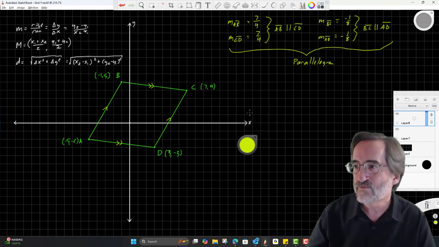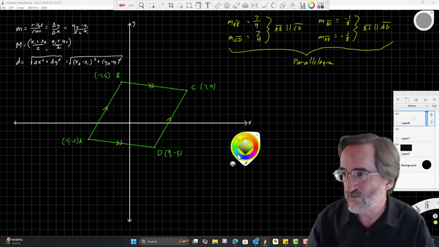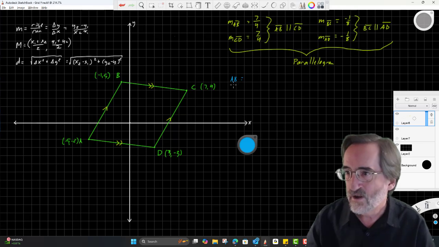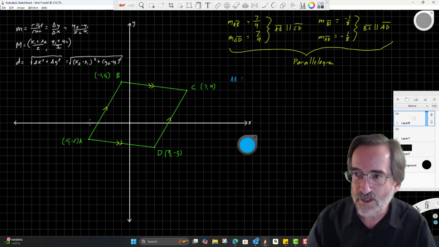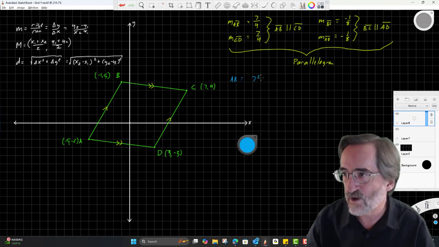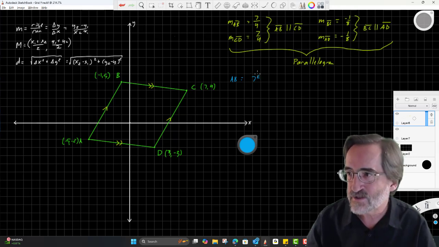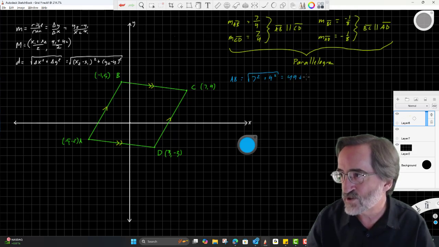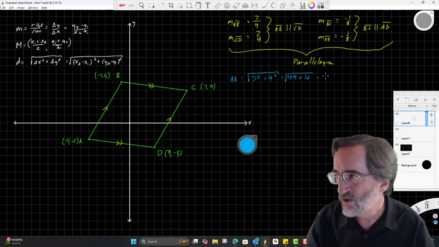Okay? Let's use the distance formula. AB is change in y, 7 squared, plus change in x, 4 squared. 7 squared is 49, 4 squared is 16, 49 and 16 is 65.